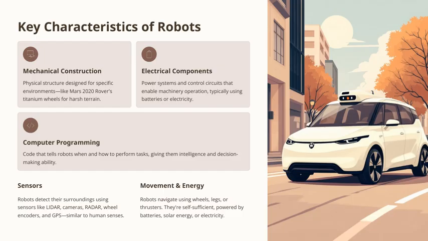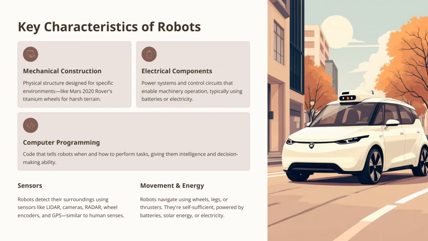Speaking of data, sensors are another critical feature. Robots use sensors like LiDAR, cameras, radar, wheel encoders, and GPS, similar to human senses, to detect their surroundings. These sensors help robots understand their environment and respond accordingly. Finally, movement and energy sources are essential.